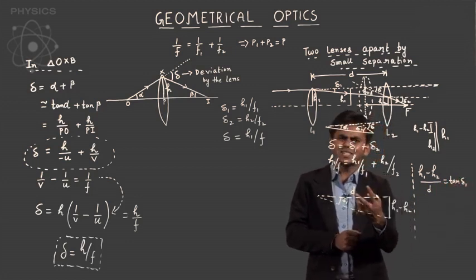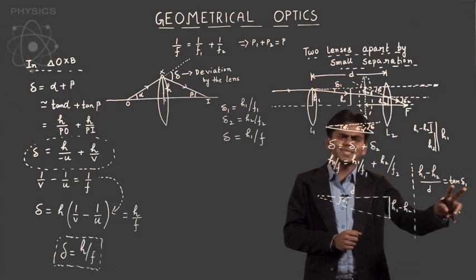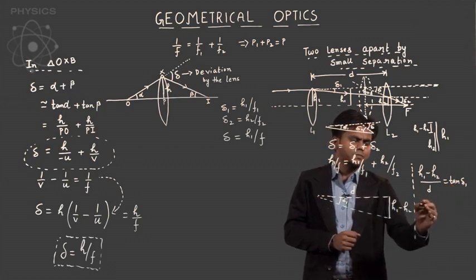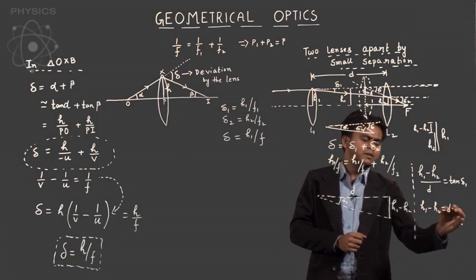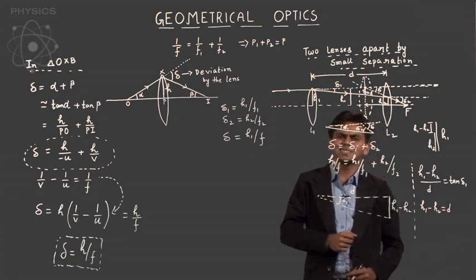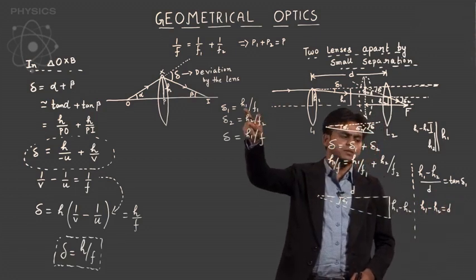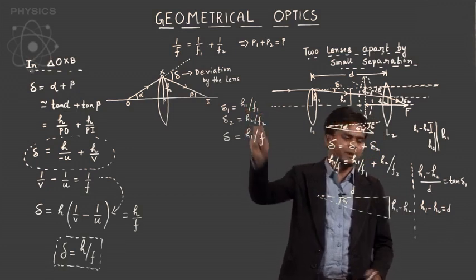Now, if this angle is small, I can approximate this as just delta 1. So, your H1 minus H2 becomes D times delta 1. What exactly is delta 1? This is your delta 1, H1 by F1.